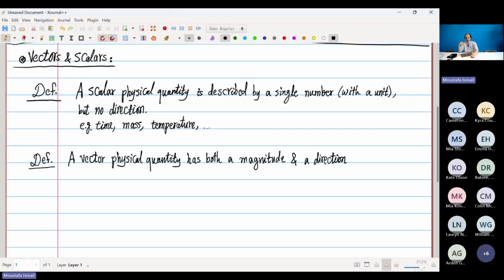So it's not enough to specify just a single number with a unit, but you also have to specify the direction in which it's going. So examples of that are velocity, acceleration, later on we will know that forces are also vectors, and so on.